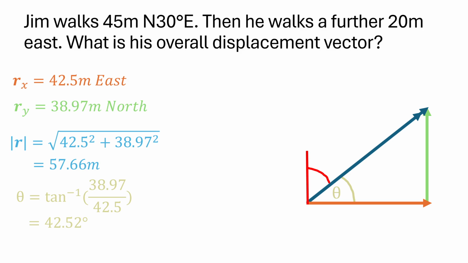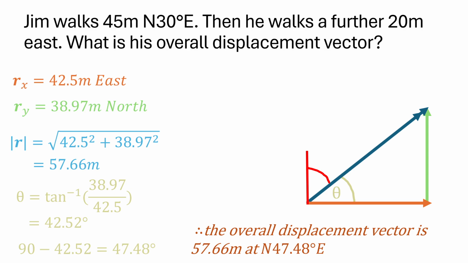So we want that angle there, which is the complement of 42.52 degrees. So 90 minus 42.52 degrees is 47.48 degrees. Therefore, the overall displacement vector is 57.66 meters at north 47.48 degrees east.